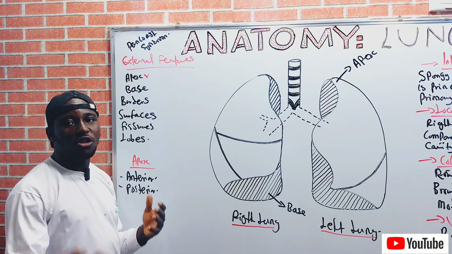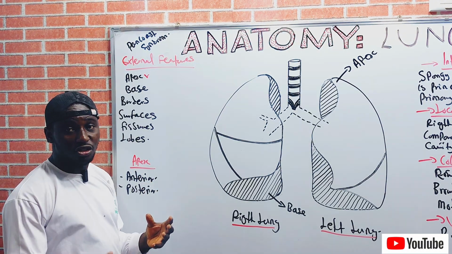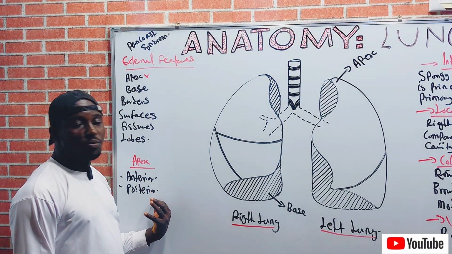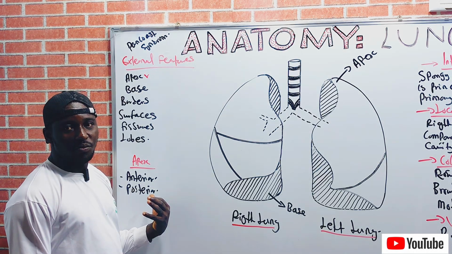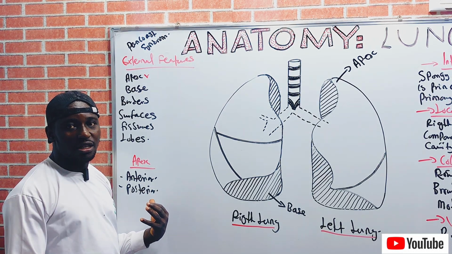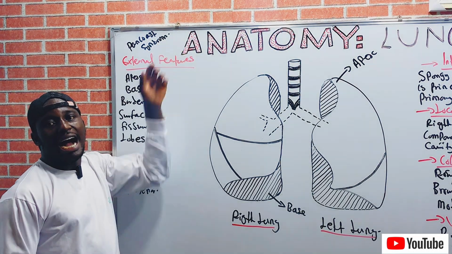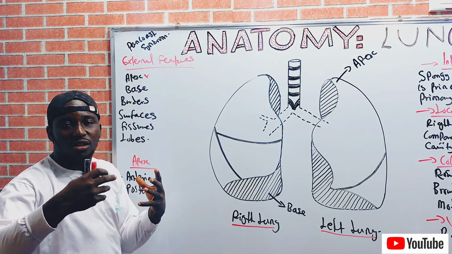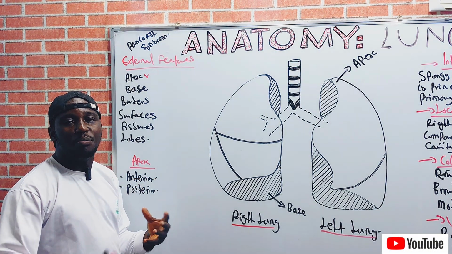Once there is damage to those structures that form the posterior relation of the lung apex by the cancer of the lung apex, it will result in Pancoast syndrome. And what are those symptoms that will be implicated?